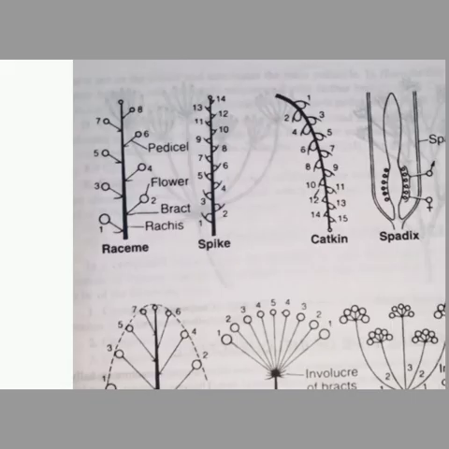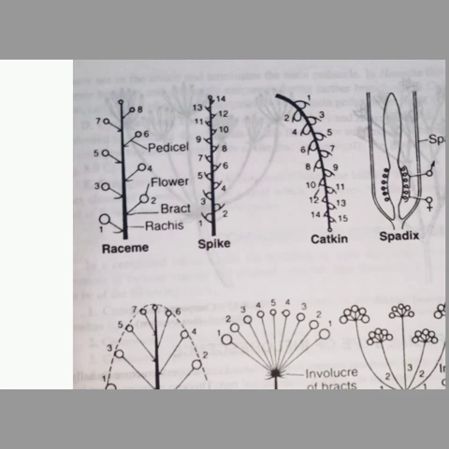Now it is time to discuss the types of inflorescence, their locations and their definitions with the help of this compactly arranged photograph or figure. Now this one is the raceme type, typical raceme. Here you will observe that its flowers are acropetally arranged and they are pedicellate.